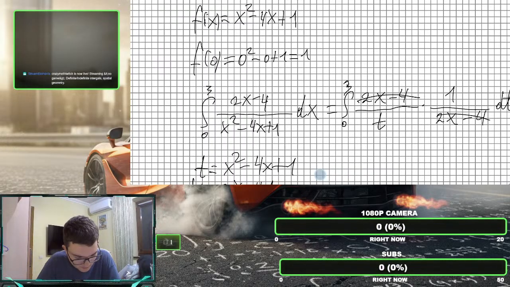It's minus 2. So f of 3 in absolute value is 2. So it's ln of 2 minus ln of 1, which is ln of 2.